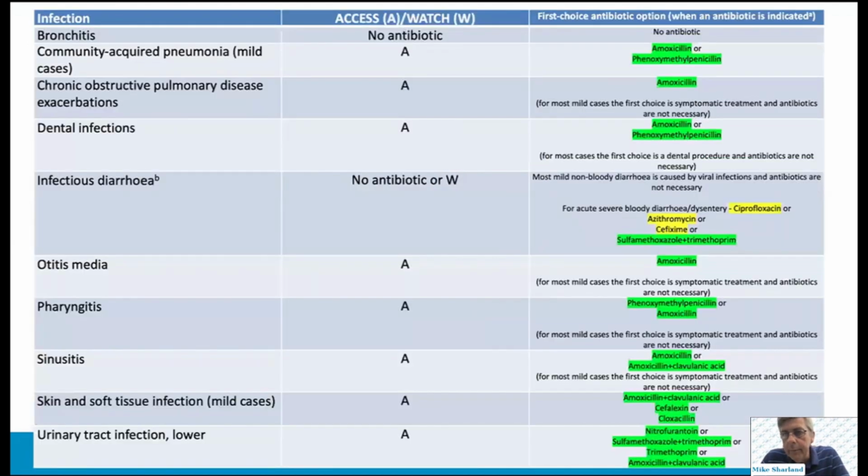And the resistance patterns and how they should vary is complicated. This work was done in relationship to GLASS, obviously. There was guidance given, for example, for typhoid, related to macrolide resistance or quinolone resistance in different settings.